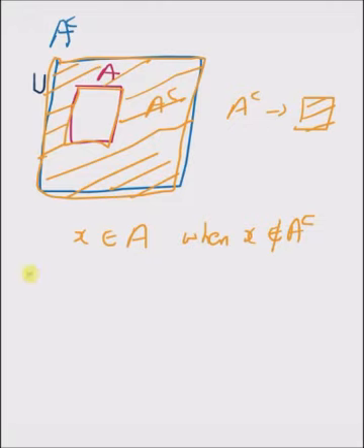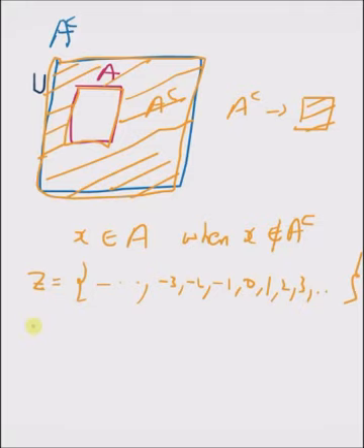Consider the set of integers Z: -3, -2, -1, 0, 1, 2, 3. So consider this is the universal set of integers. Then consider the set of whole numbers 0, 1, 2 and so on.